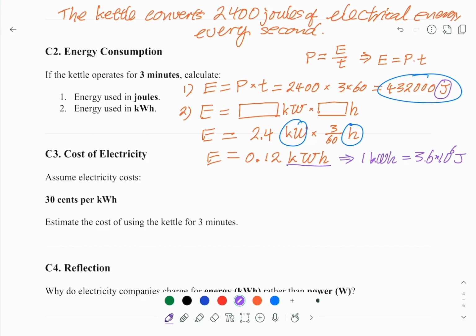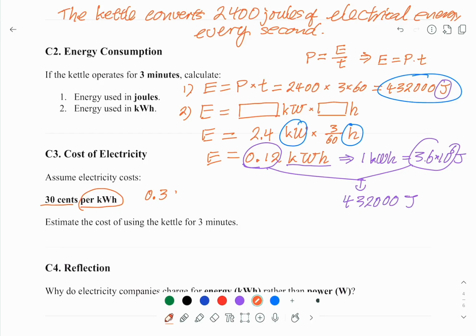So you can always convert back, multiply this number and this number, and you should be able to get 432,000 joule. In terms of the cost, because the electric company charges you 30 cents per kilowatt hour, all you need to do is 30 cents, 0.3 dollar per kilowatt hour.